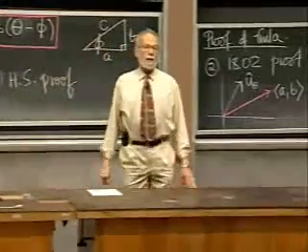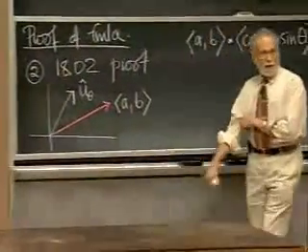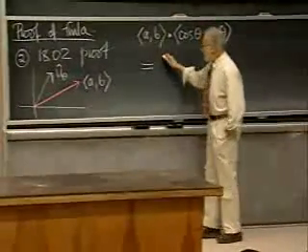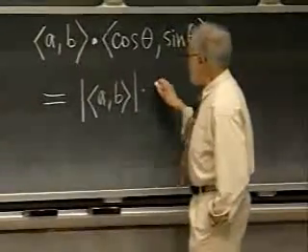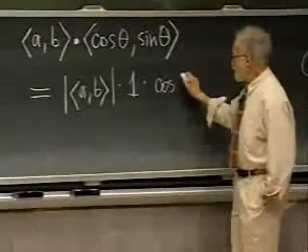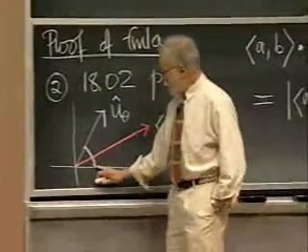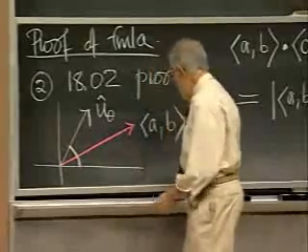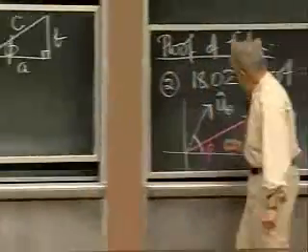And if you don't know their components, it can be evaluated in another way, the geometric evaluation, which goes, what is it? It's the magnitude of one times the magnitude of the other times the cosine of the included angle. Now, what's the included angle? Well, theta is this angle from the horizontal to that unit vector. The angle phi is this angle from this picture here.